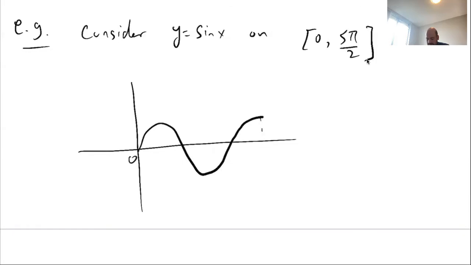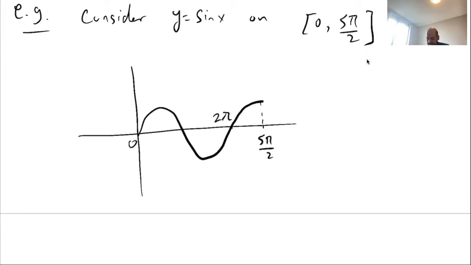This is 0, this is 5 pi over 2, and this is 2 pi. And now, let's say with m equals 1/2. So this is the m value of 1/2.